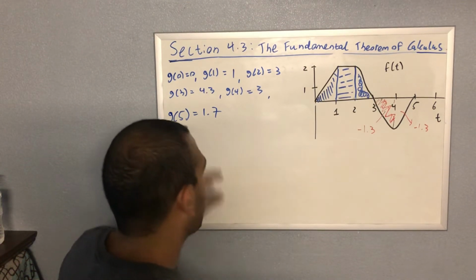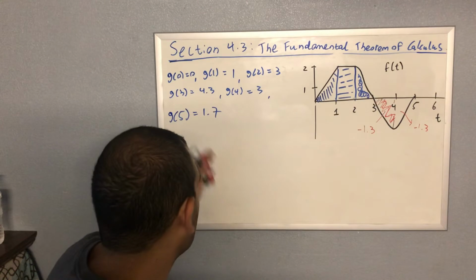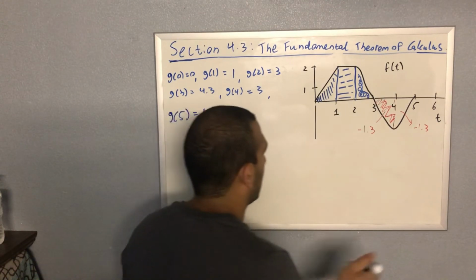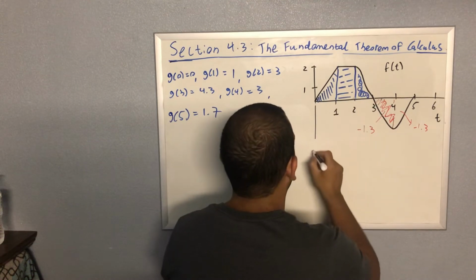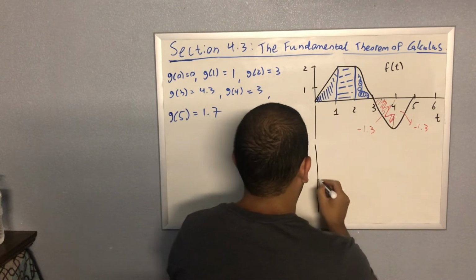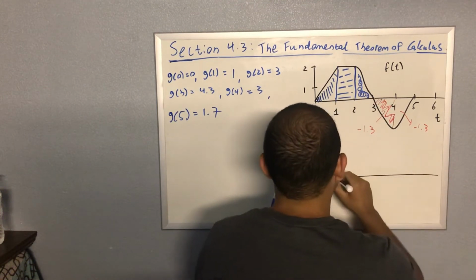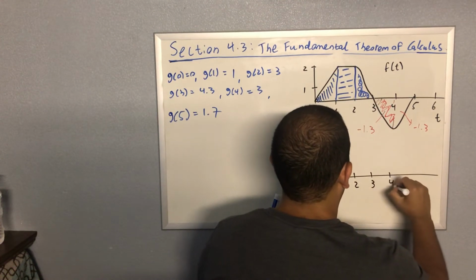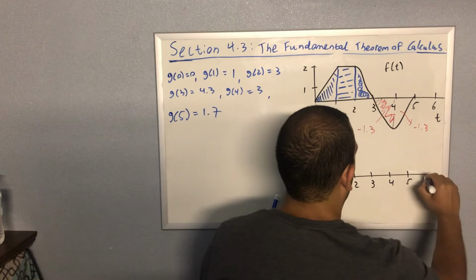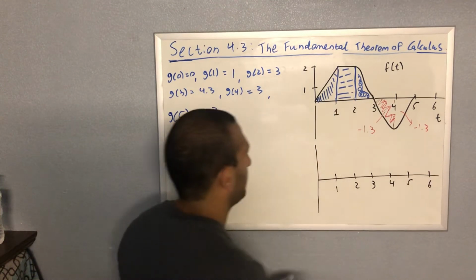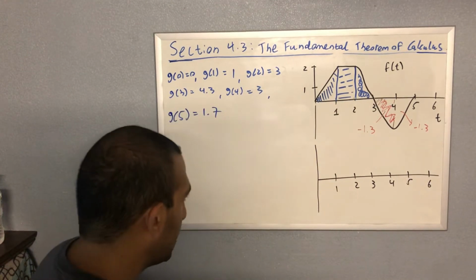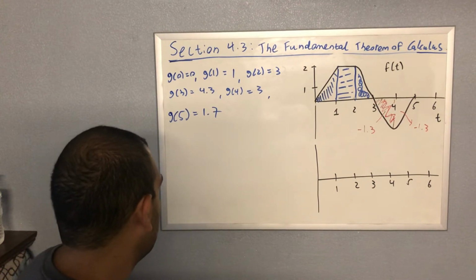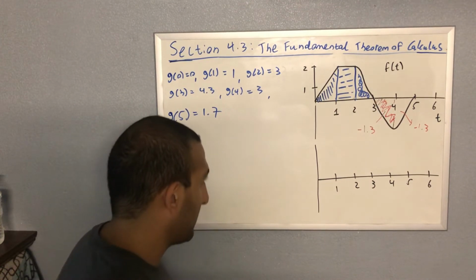Well, let's graph this function now. Let's graph g of x. And we're going to graph it directly underneath this guy for a good reason. Try and keep it as close as possible. Now, let's see. So g of 0 is 0.